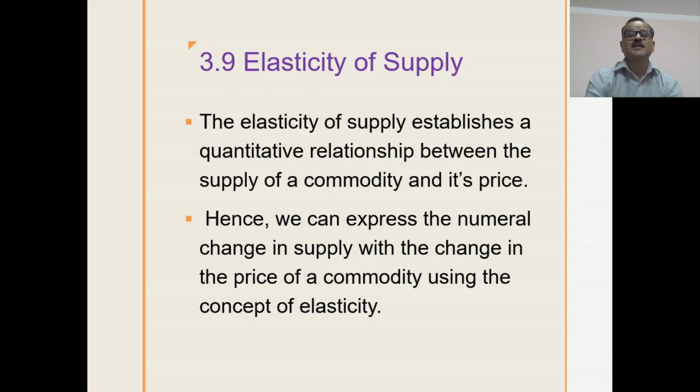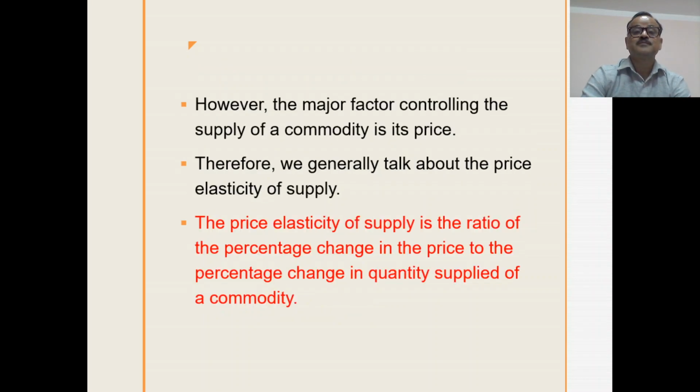Same case we discussed in the elasticity of demand. However, the major factor controlling the supply of a commodity is its price. Therefore, we generally talk about the price elasticity of supply. There are other factors that affect the supply, but generally we talk about the price elasticity of supply.